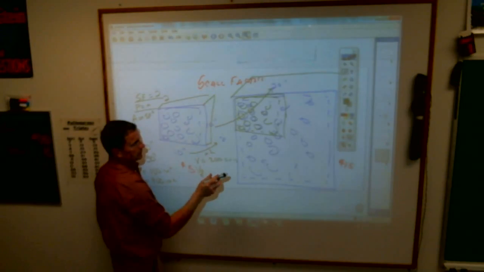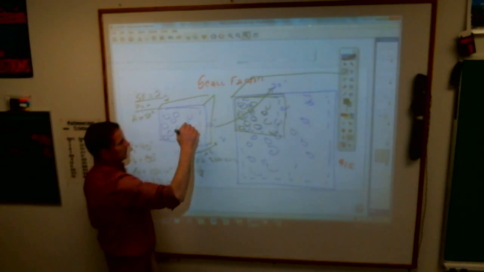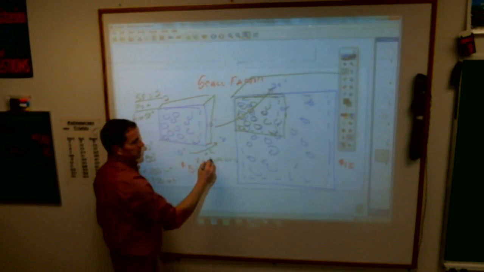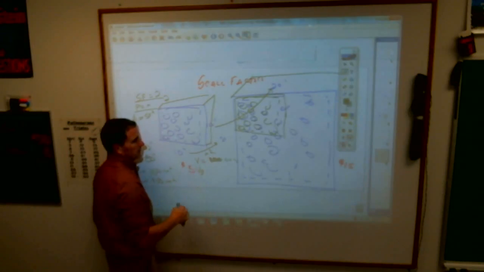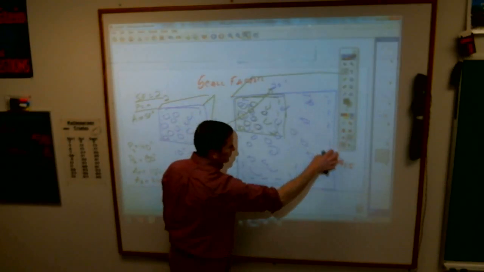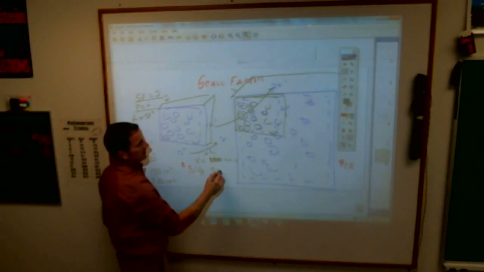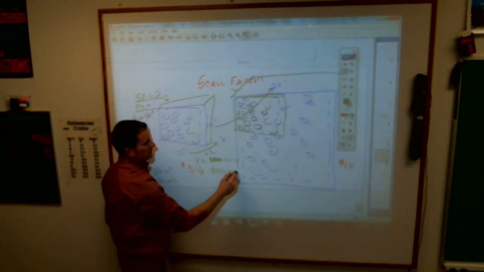Double 20, 400. Did I say this was 1 inch? Oh, I wanted somebody to say it. This is only 100 cubic inches. Keith, were you thinking that? Yeah. Okay, well, thanks for that. Sorry. The new one is 20 times 20, which is 400 times 2 inches thick, which is 800 cubic inches.